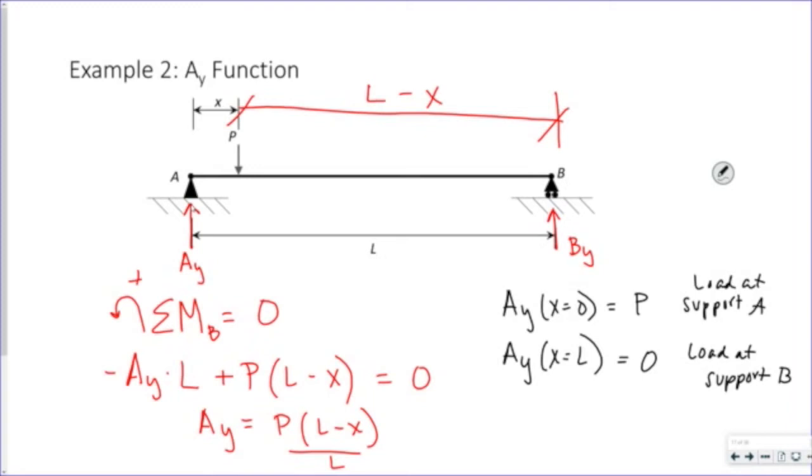And you can go and verify those other numbers that we calculated, that those match that function.